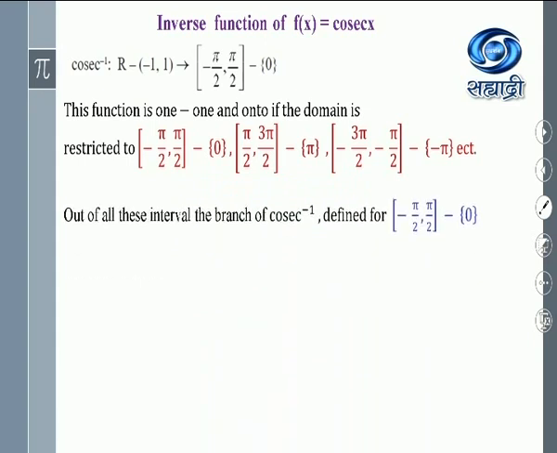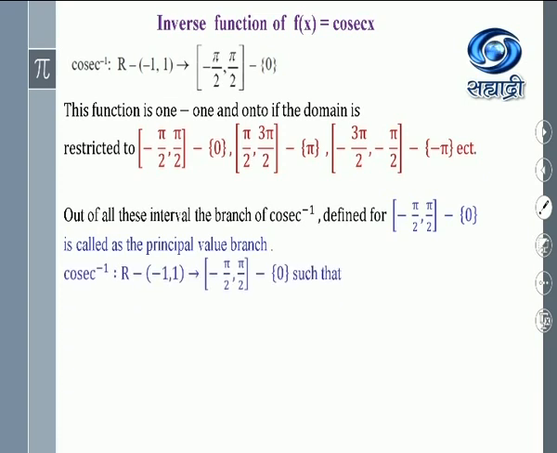But as I told you, we are interested only in the principal value branch. Therefore, we consider the closed interval -π/2 to π/2, excluding 0. Clear? Which is called the principal value branch.